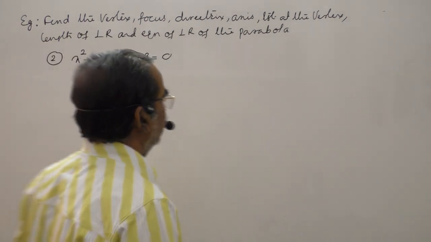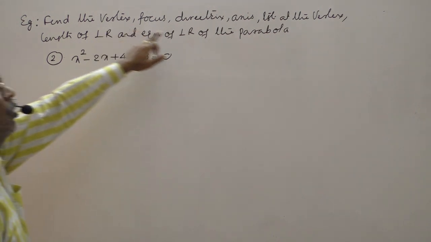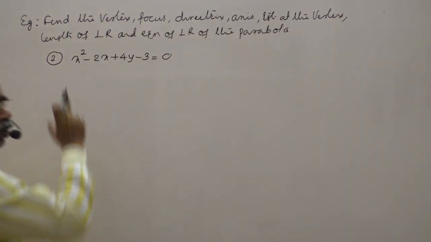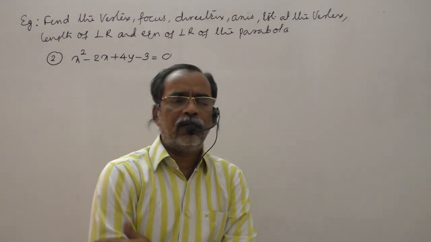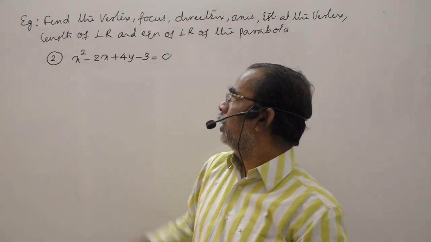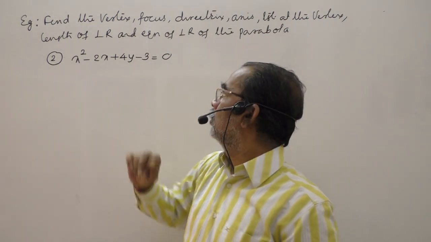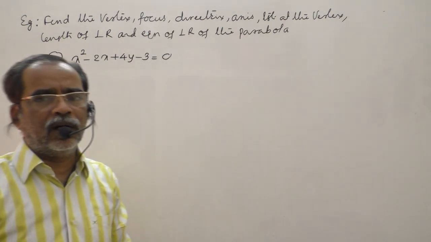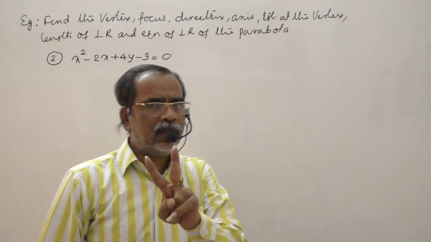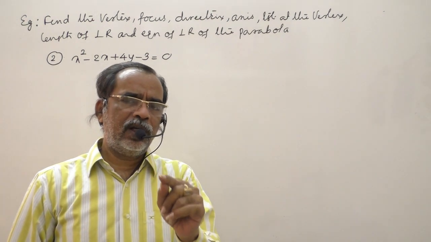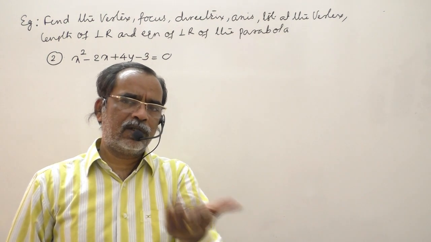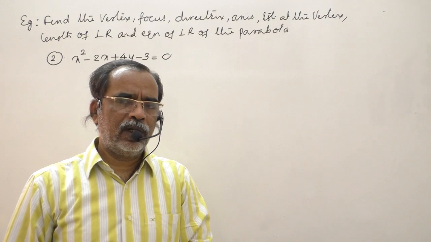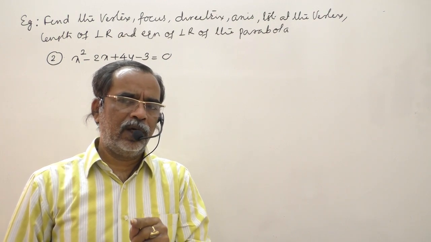We'll see another example. Same, find all the details of this parabola. So watch the equation. How many terms are there? There are 4 terms. If there are 4 terms, then the parabola lies in the second set. In the second set, there are 2. If the square is there for y, then first one. What is the first one in the second set? Y minus k whole square.